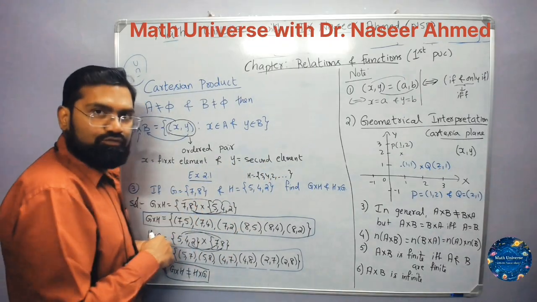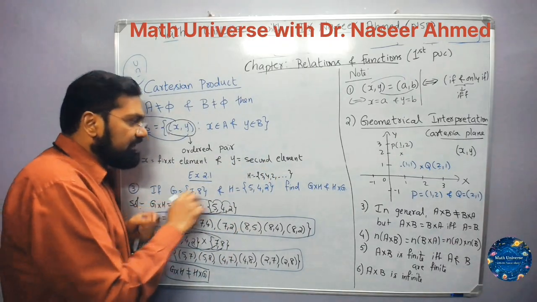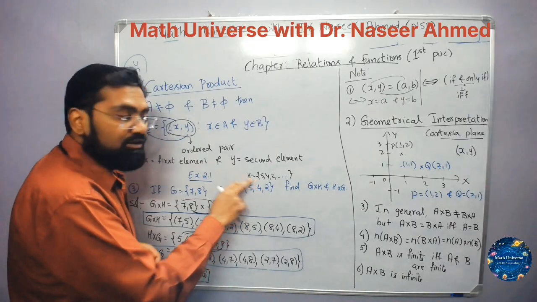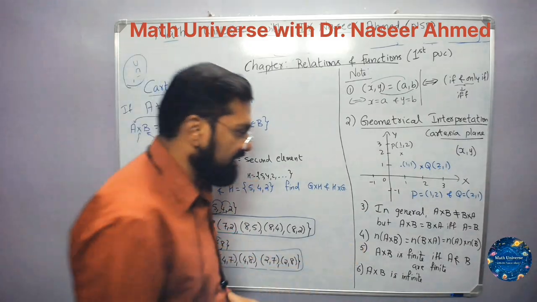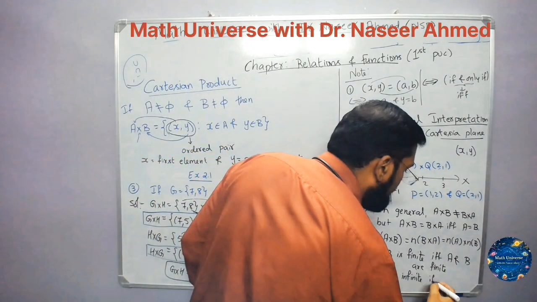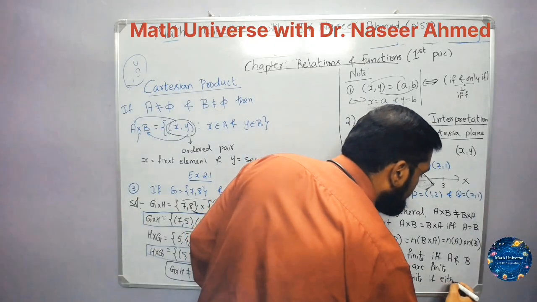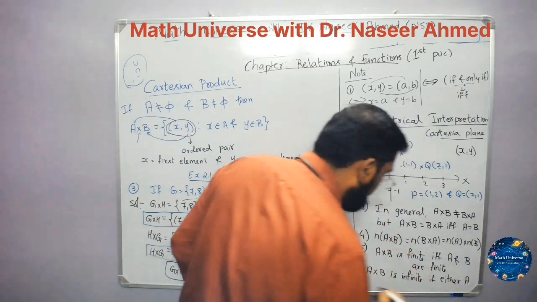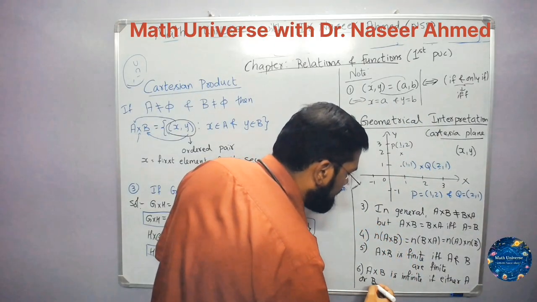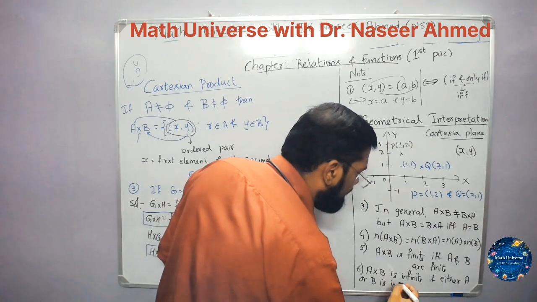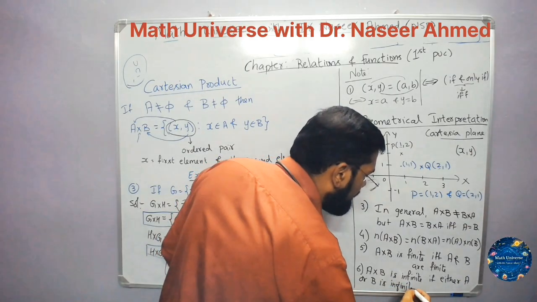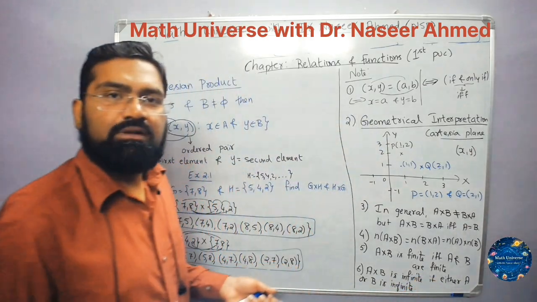Similarly 8 also. So here one set is finite, the other set is infinite. So A cross B is infinite if either set A or set B is infinite. If any one of them is infinite, then A cross B will be infinite.